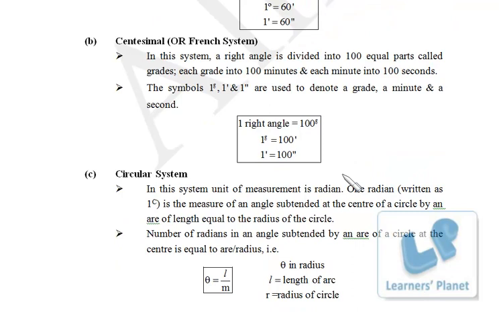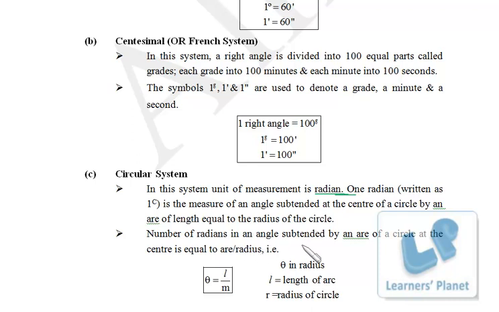Then the next is the circular system that we are going to study this year, right? In this system, the unit of measurement is radian. 1 radian, or we just denote radian like this. A radian is a measure of an angle subtended at the center of a circle by an arc of length equal to the radius of the circle, right?